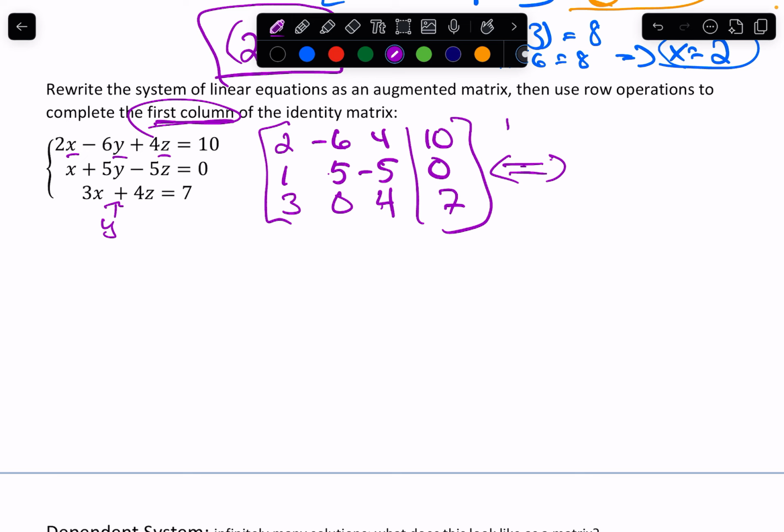What we're going to do is multiply the first row by the reciprocal of that first column element, so a half. So when we multiply that by a half, we get 1, negative 3. Half times 4 is 2, and half times 10 is 5. Now, the other rows did not change, so they stay the same.